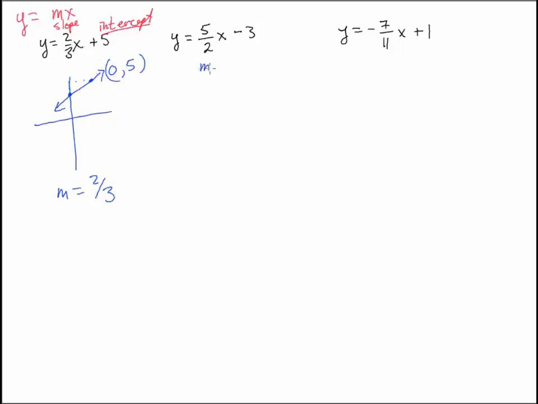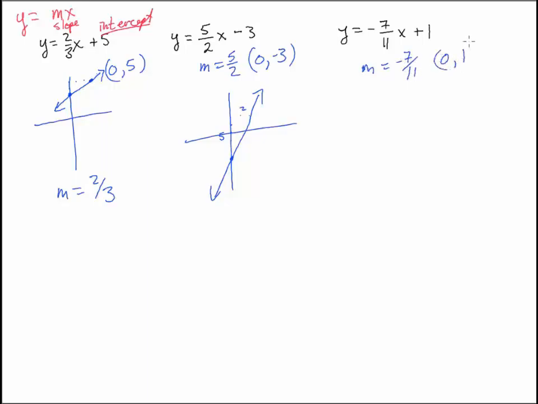So next one, the slope is going to be 5/2, and the intercept is going to be 0, -3. So we go 0, -3, and we go 1, 2, 3, 4, 5, 1, 2. Go up 5, over 2, whoosh, and we graph the line. The next one, slope is going to be -7/11. That was nice.